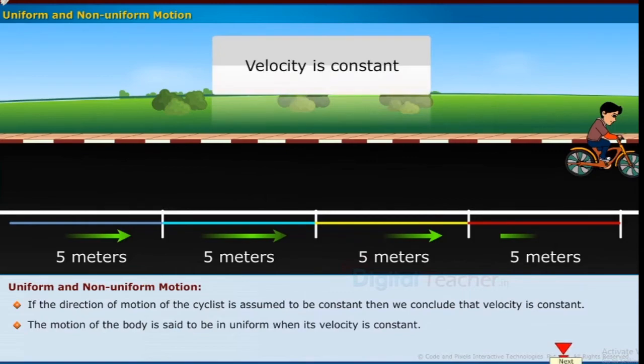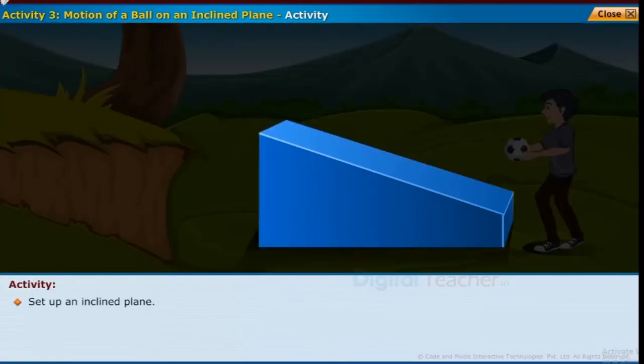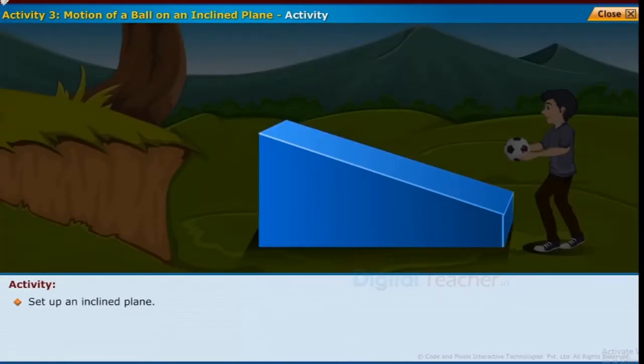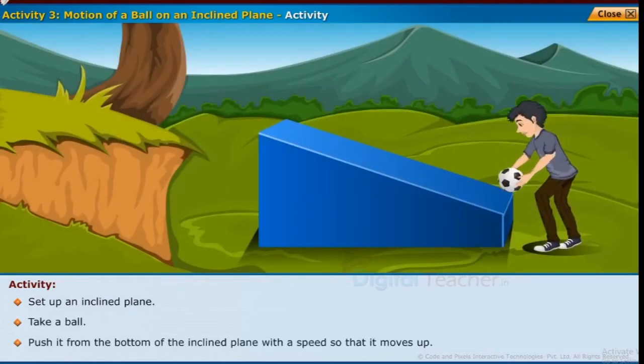Let us perform an activity for observing the motion of a ball on an inclined plane. Set up an inclined plane. Take a ball. Push it from the bottom of the inclined plane with a speed so that it moves up.